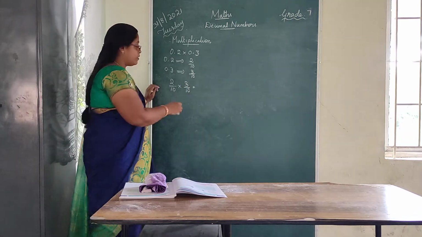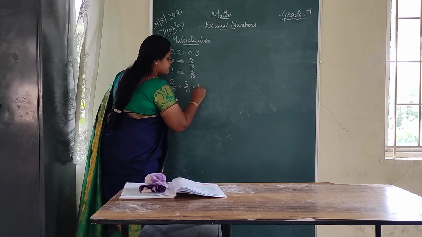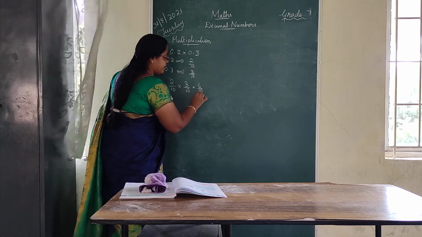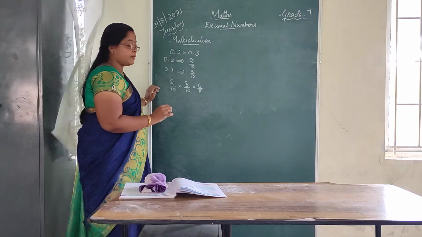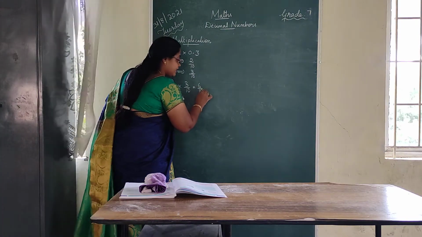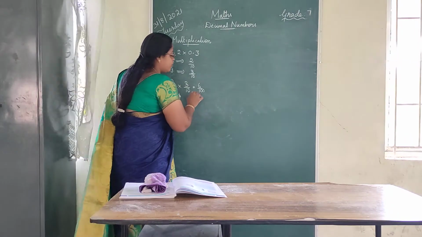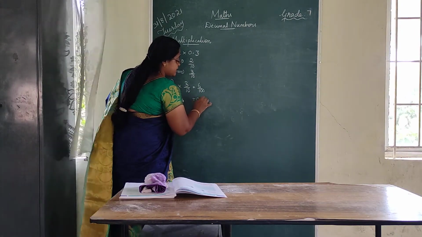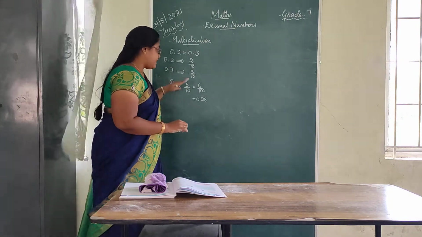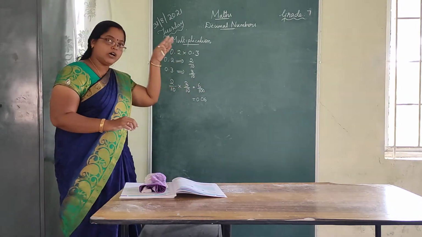Multiply. 2 into 3 is 6. 10 into 10 is 100. Okay. Then how can we write the answer? 0.06.